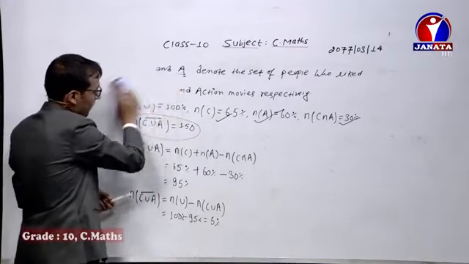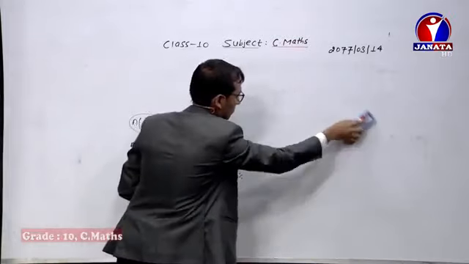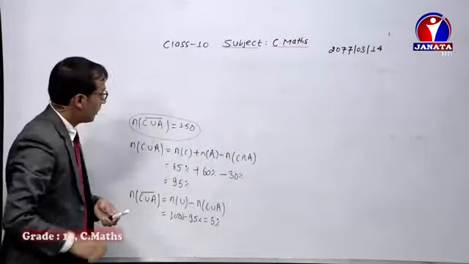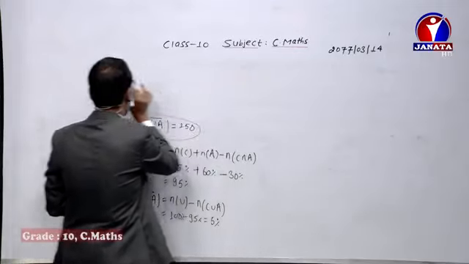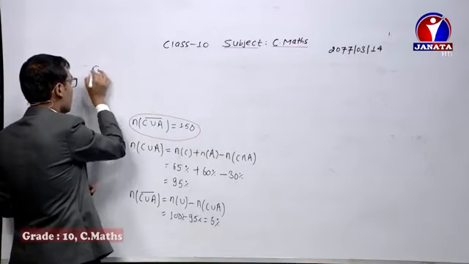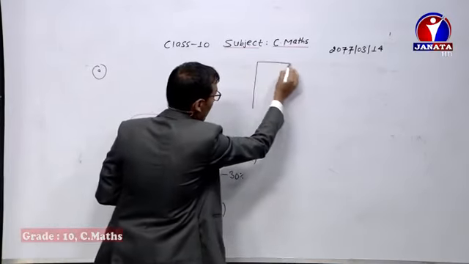So let me erase the language part. Now let's write: representing the information in a Venn diagram. Number one is we are representing this information in a diagram.